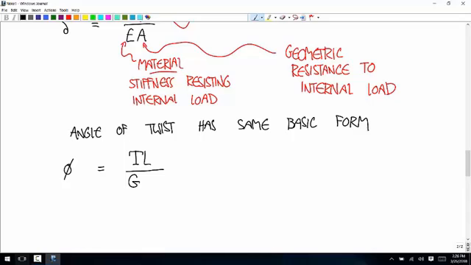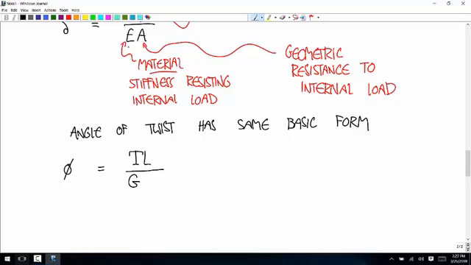But that G is just like E, the element of the stiffness matrix that lets you go between stress and strain. G is the shear element of the stiffness matrix that lets you go from stress to strain.